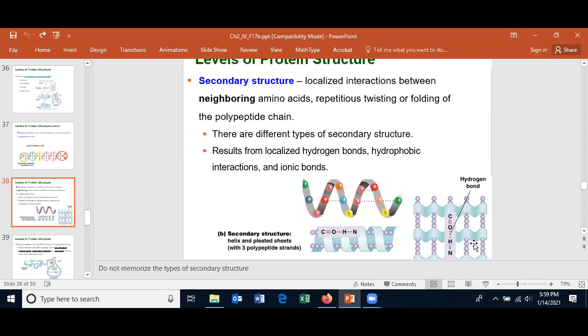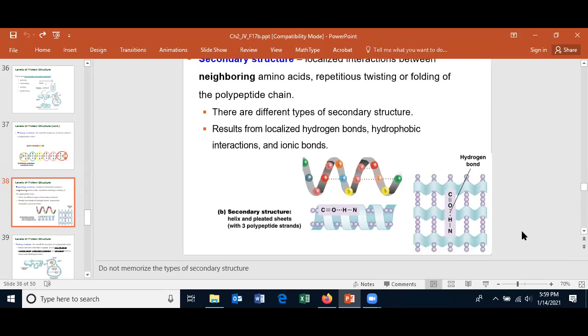You can get a pleated sheet where the amino acids going this way are hydrogen bonding to the amino acids going this way and that way, and they're hydrogen bonding across each other here, and it just makes a sheet, and then this looks like a protein in a sheet.